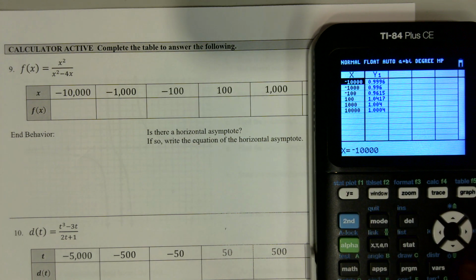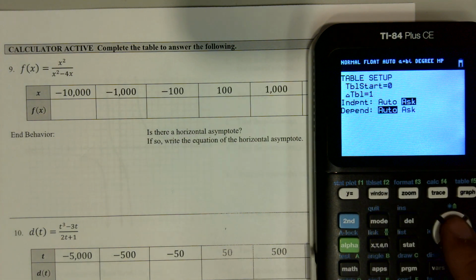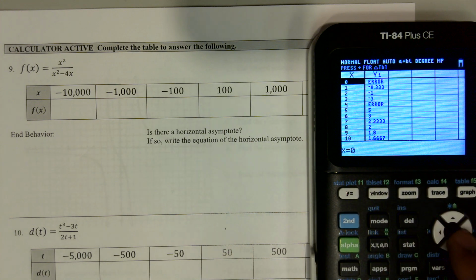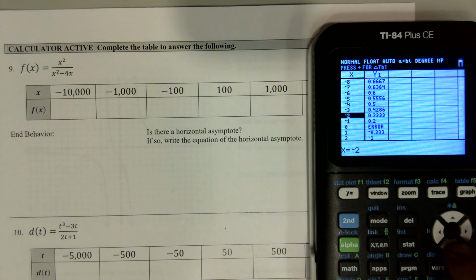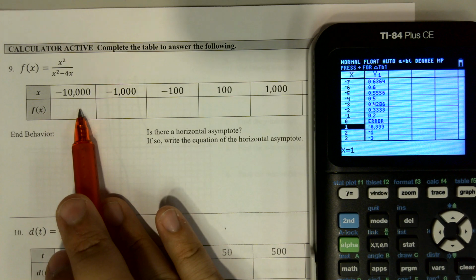Oop, I've already cleared that. Okay, so if I go to table set, usually what your table does is it'll start off at like 0, and then you have to scroll to get to any particular value. That's nice and all, but we're trying to go all the way to negative 10,000.